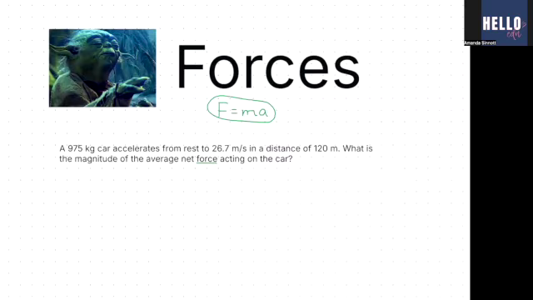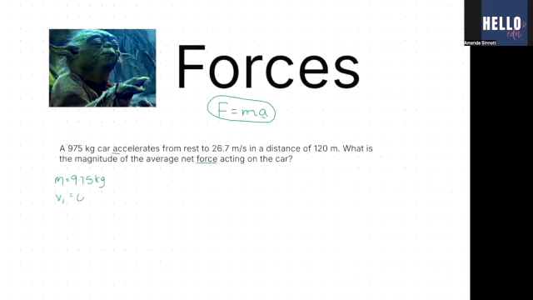So this happens quite a bit in physics when we're doing problems. Sometimes the equation that we need is not going to be the first equation we use. So although we need to use this equation eventually, we need to find the A in this equation to be able to solve for it. So what do we know so far? We have mass, we have initial velocity, which is going to be 0 because it's starting from rest.